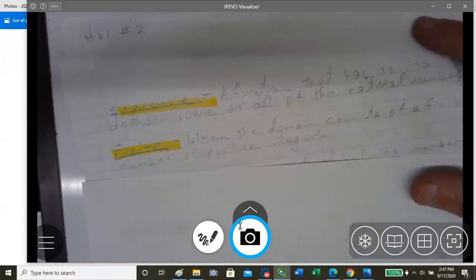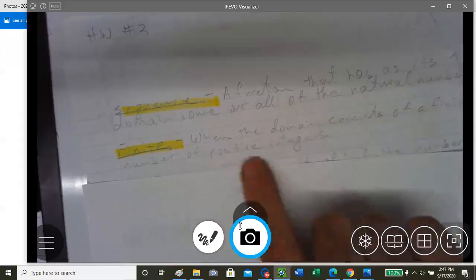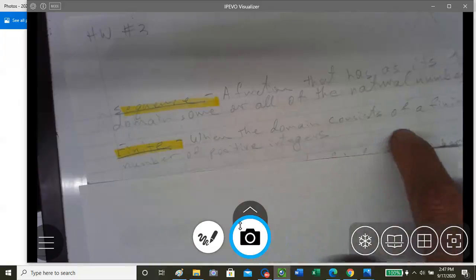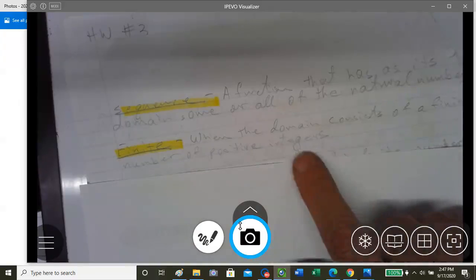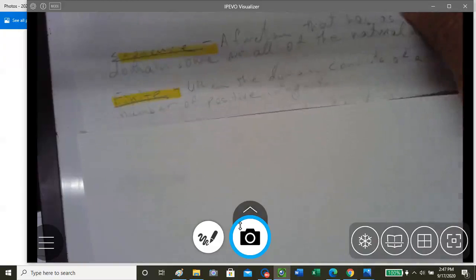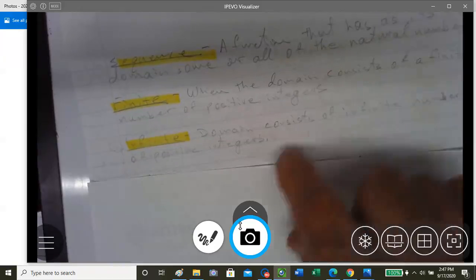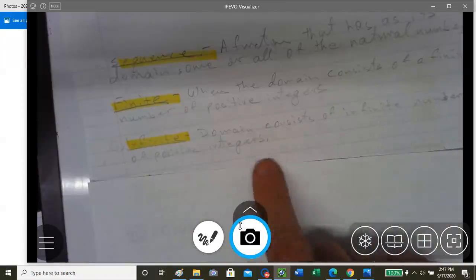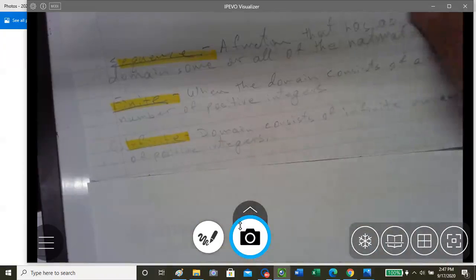It is finite when the domain consists of a finite number of positive integers. In other words, it has a beginning and an end. It is infinite when the domain consists of infinitely many positive integers. It has no end.